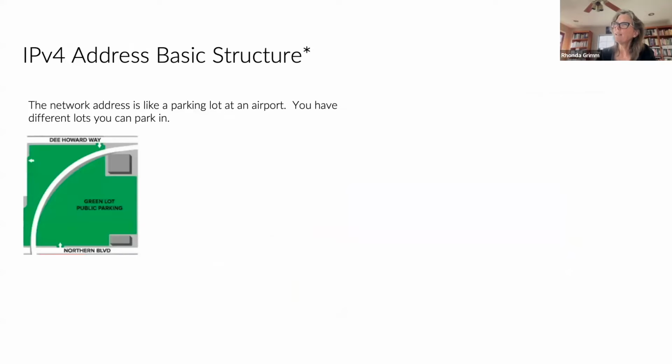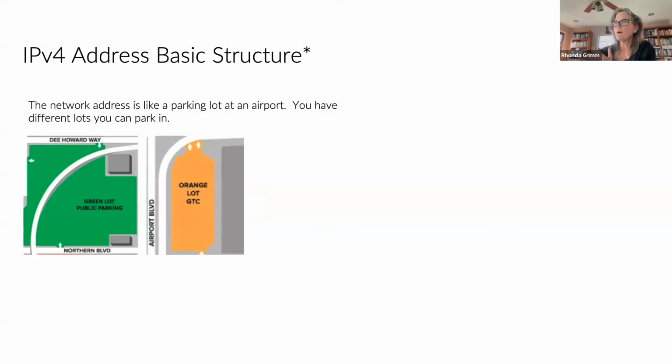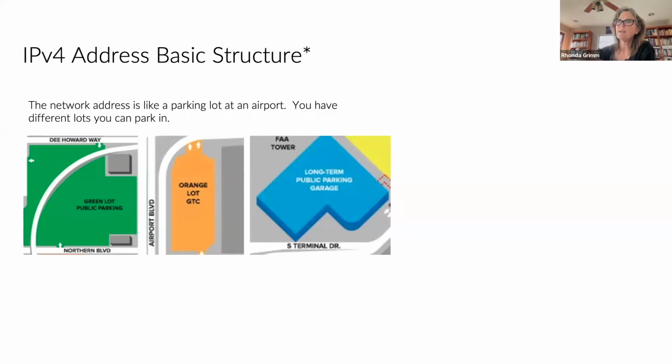It's a lot like when you park at the airport and you have to remember to take a picture of your parking space. You can have different parking lots. Maybe I'm going to park in the green lot or the orange lot or long-term parking. In the analogy, the green lot's network address is 192.168.2.